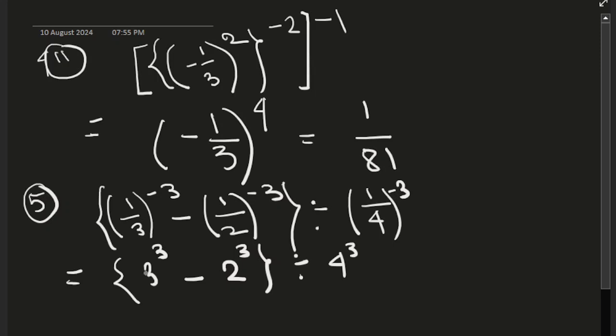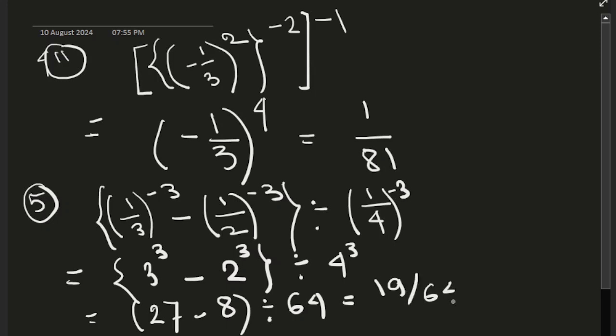So 1 by 3 reciprocal is 3, 1 by 2 reciprocal is 2, 1 by 4 reciprocal is 4. Now 3 cube means 27 minus 2 cube means 8, divided by 4 cube means 64. So the answer will become 19 by 64.